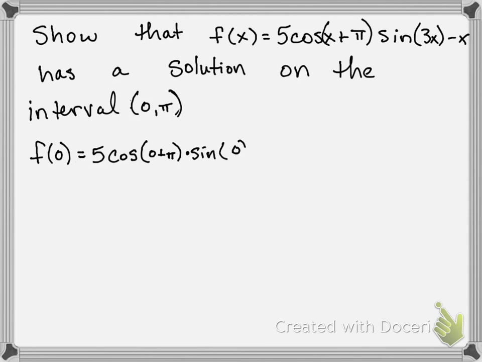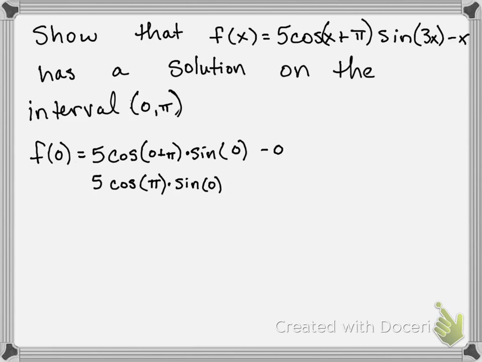Can I just put 0 in there? Minus 0. So this is really 5 times the cosine at pi times the sine at 0. I'm not going to skip steps here. Can I leave off minus 0? Is that okay?